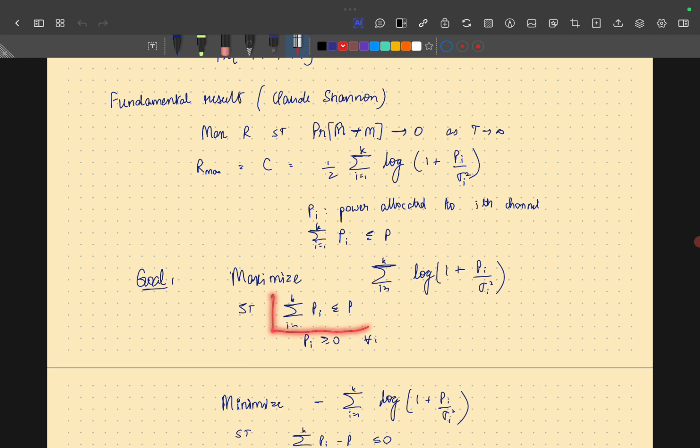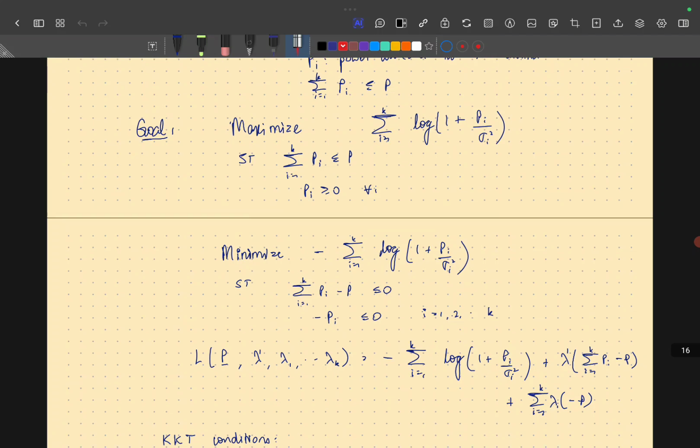And this has to satisfy a total power constraint. So the summation of the p_i's should be equal to some capital P. And each p_i should be non-negative because it physically signifies how much power you are going to use in that specific sub-channel.